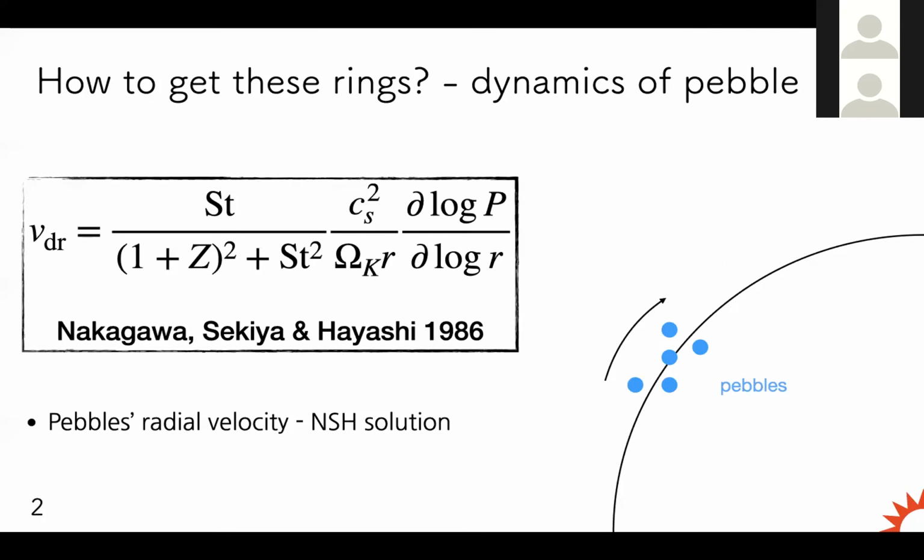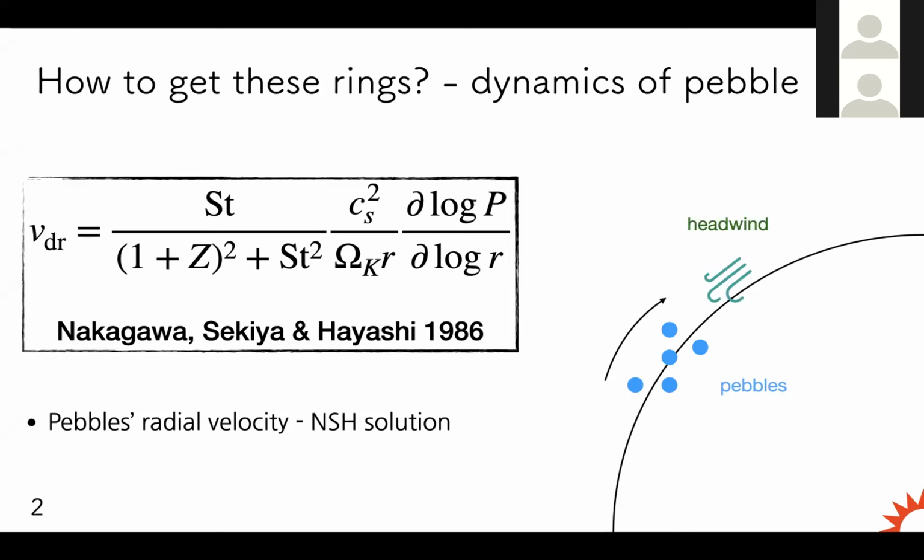So we want to know the origin of these rings. We need to learn a little bit about the dynamics of these pebbles. As the illustration shows, if there is no gas in the protoplanetary disk, these pebbles should perfectly follow the Keplerian rotation. But because of the gas in the disk, and the gas has pressure, the gas is actually slower than the Keplerian rotation. Therefore, pebbles inside the disk feel a headwind from the gas.